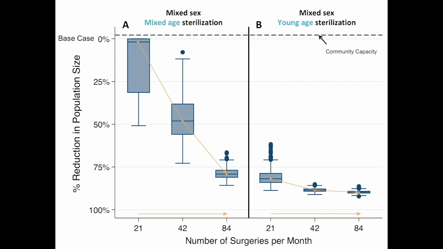We notice that as the number of surgeries per month increases, the median population size decreases. And I guess that's something that we would expect. And this is more noticeable in panel A than in panel B.